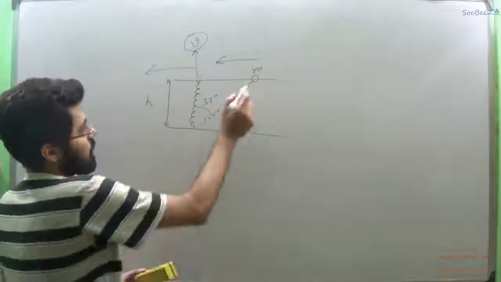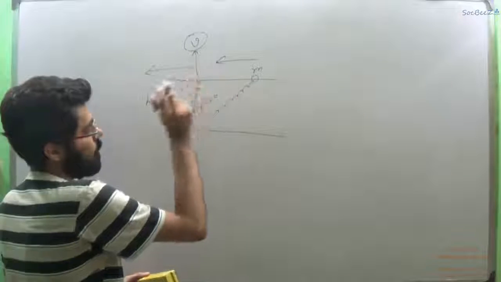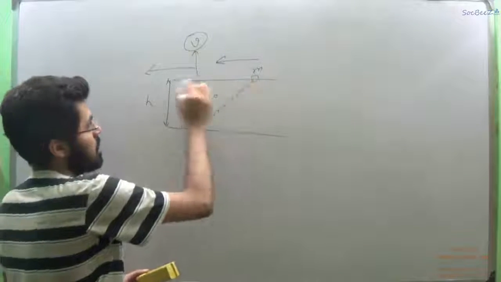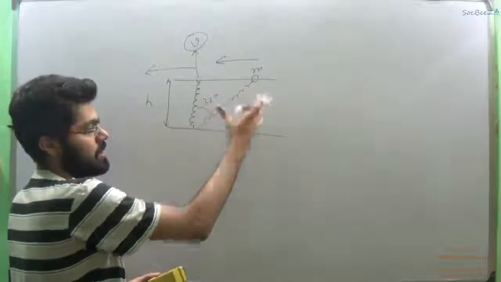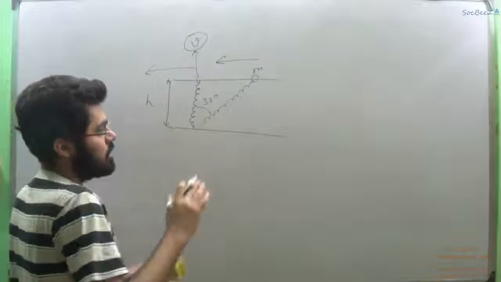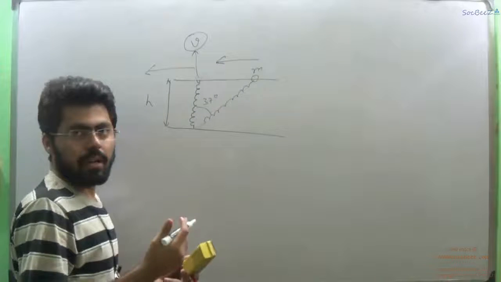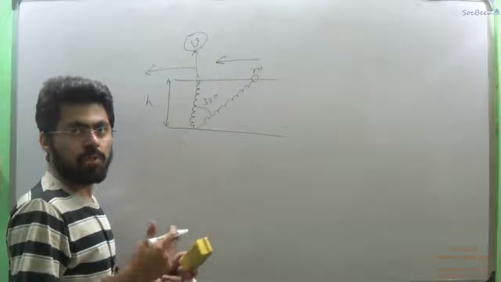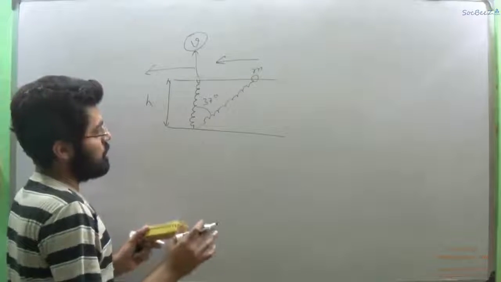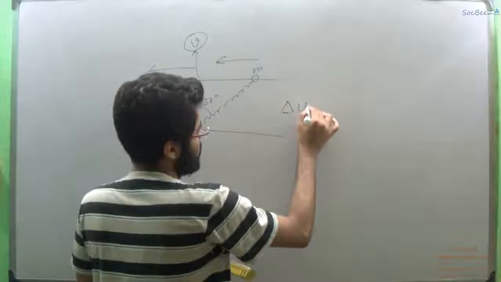Now you see that gravity is also not going to play any role here. Why? Because the height of the mass is fixed, and the spring is massless. So the change in potential energy because of gravity is 0. The only change in potential energy will be delta U spring.